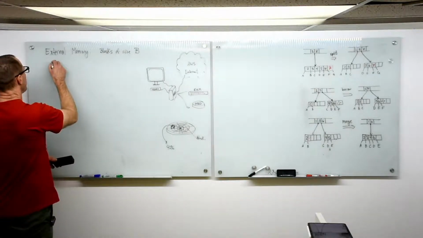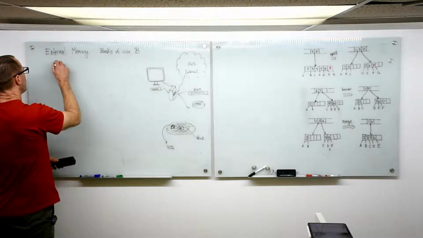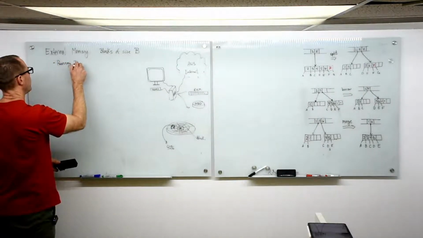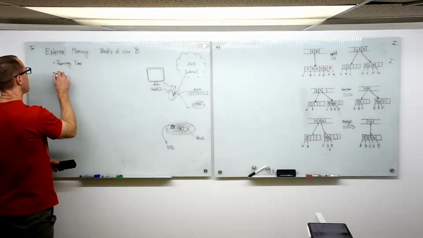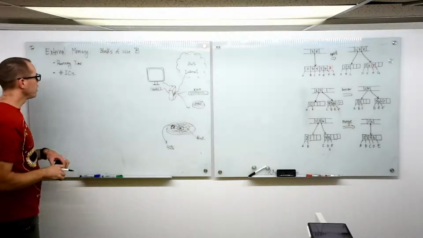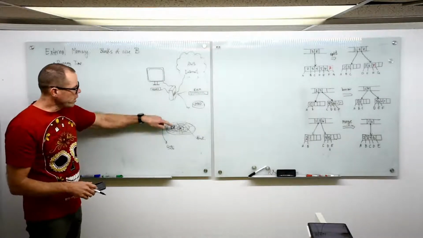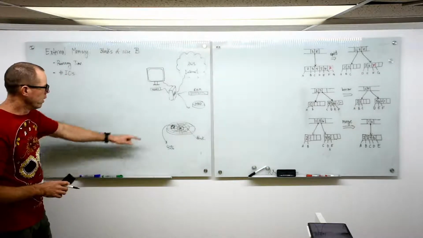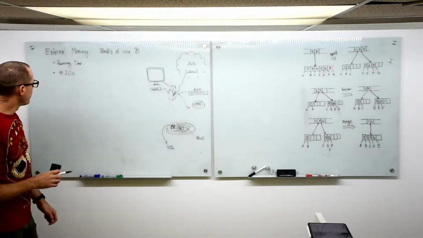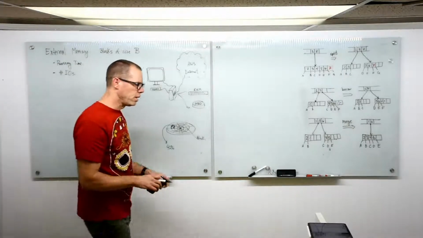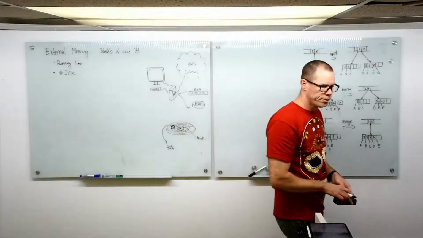So two things: there is running time and the number of blocks accessed. You typically say that those two operations, read or write, those are IOs, input outputs to the hard disk or whatever your external memory is. You count those separately, and you like both of those things to be small.